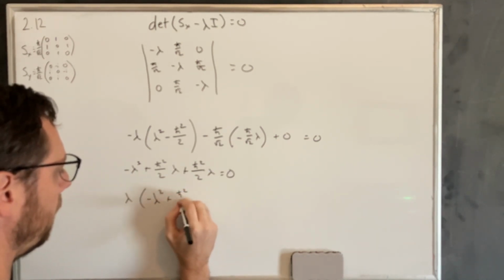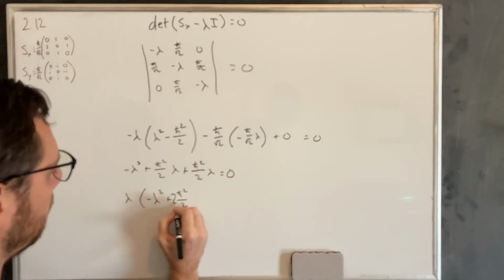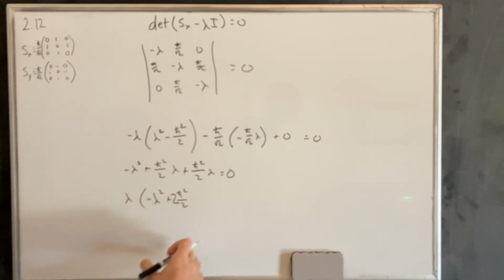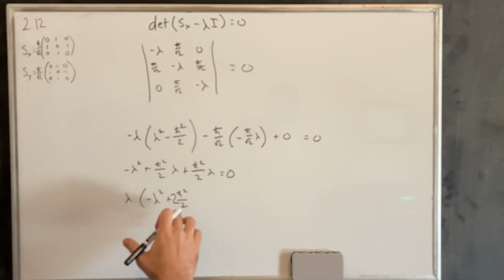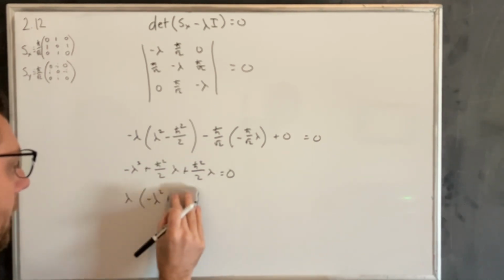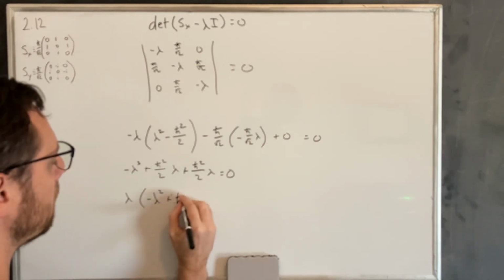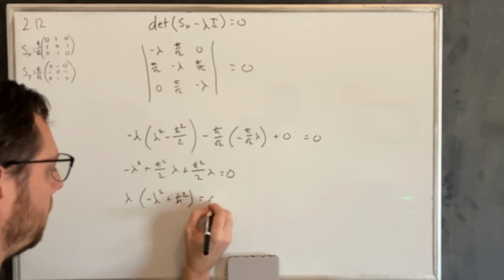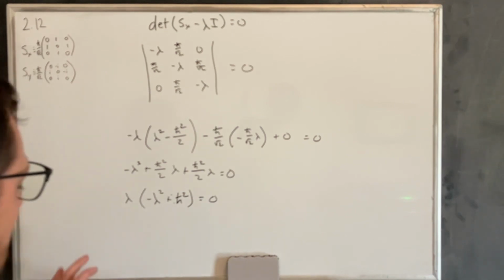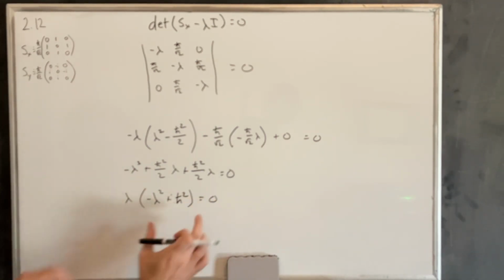The 2's cancel out, so that'll just be h bar squared. Hopefully you see where that came from. Equals 0. Okay, so in order for this to be true, either lambda has to be 0, or this term has to be 0.